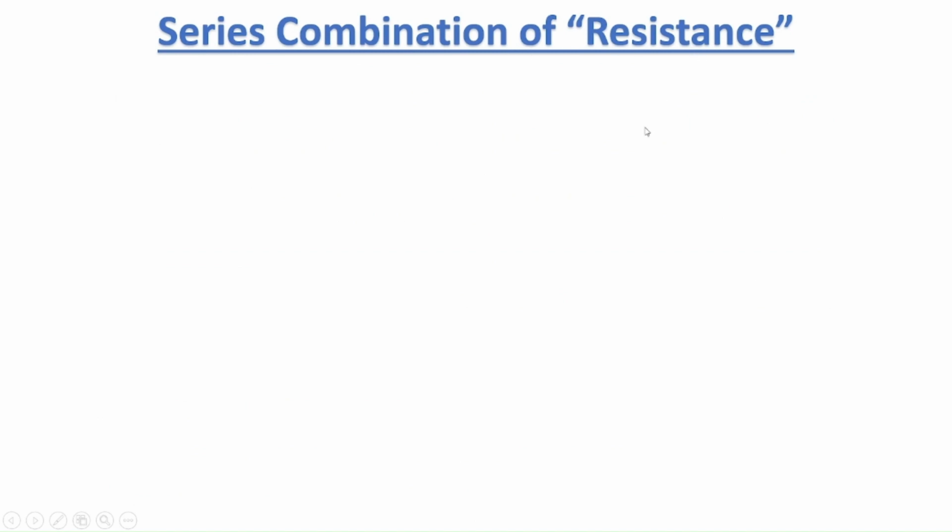So the first question that comes here is, when do we say that two resistances are connected in series? Let's understand this first. If I have this one resistance, it has two terminals, terminal A and terminal B. Let's say terminal A is my start point and terminal B is my end point for this resistance.